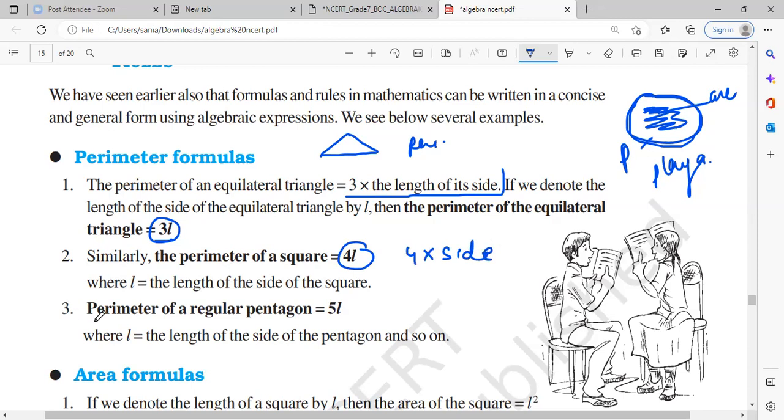And the perimeter of a regular pentagon. Pentagon means it has 5 sides. So it is 5 multiplied by side. So what you will write first: you will write perimeter formula and then perimeter of equilateral triangle equals 3L. Perimeter of square 4 into side. Perimeter of regular pentagon 5 into side. Like this.